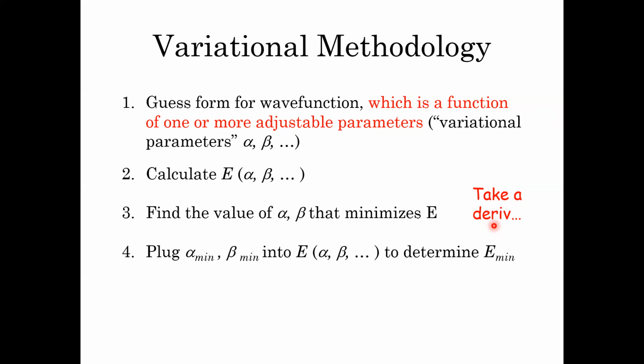Recall from your calculus that in order to find the maximum or minimum of a function, you take a derivative. So that's kind of where we're headed. Once I have those values of alpha or beta that minimize my function, I can plug them back into my energy equation and determine E min. So those are the 4 basic steps. And if that all seems a little bit abstract, that's okay. I'm going to walk you through an example.